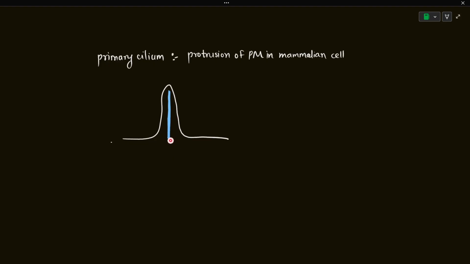So why does this microtubular arrangement exist? Because I hope you remember that the microtubular arrangement is not just necessary for the movement of the cell, but it is also necessary for the movement of signaling molecules. The signaling molecules present inside the cilium are moved from the tip of the primary cilium towards the inner, cytosolic part with the help of microtubules.